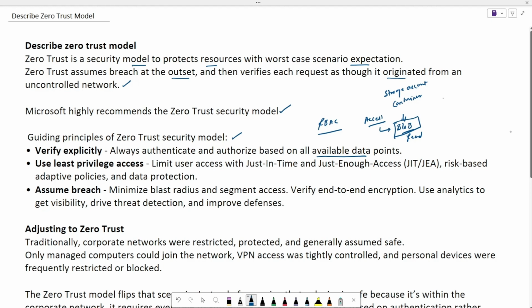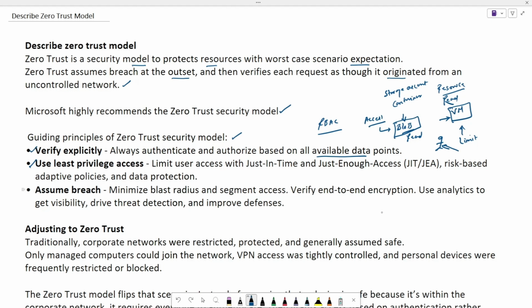If I wanted to provide read access to the virtual machine, I will provide read access to the virtual machine. I will not provide read access to the resource group. So this is basically to limit the access to the user so that only the access which is required for the user to perform any action, only those permissions are given, not more than that. So that is using least privilege access.